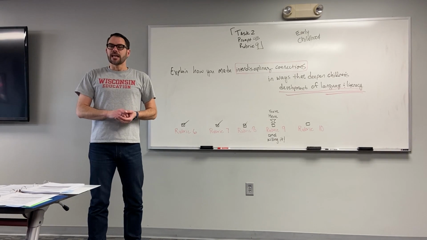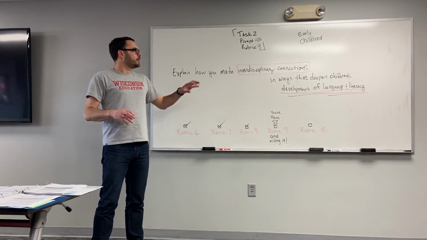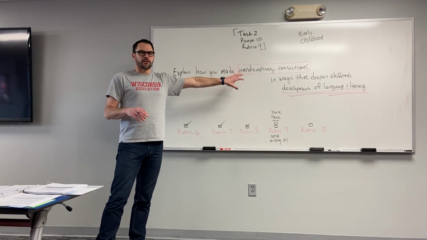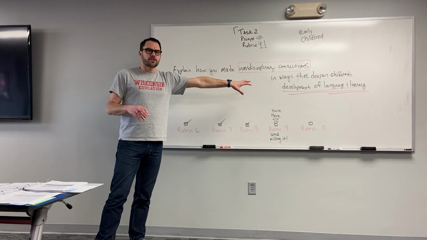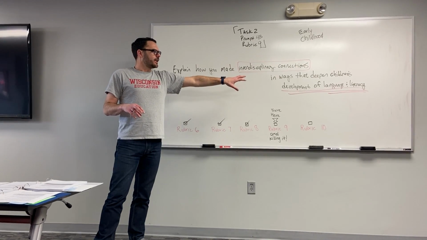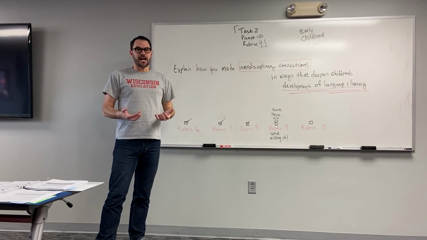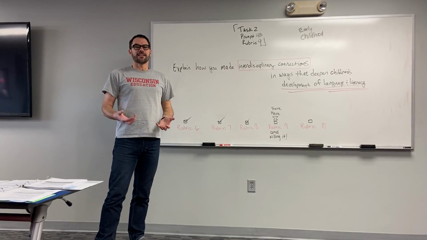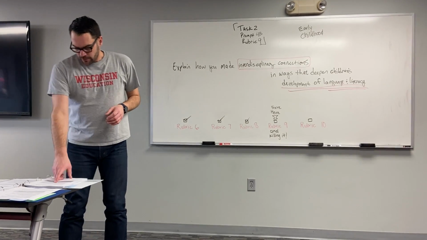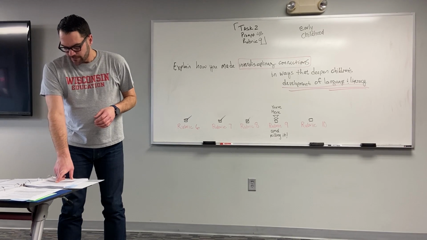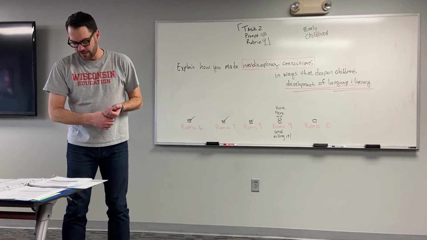So once again, the key elements to be looking for. 1, that from your video clip, you have evidence of an interdisciplinary connection that helps to deepen children's development of language and literacy. The second is that you provide the necessary context so that the scorer can see that it is something that is interdisciplinary. So interdisciplinary can include concepts from outside language and literacy, such as math, science, or social studies.